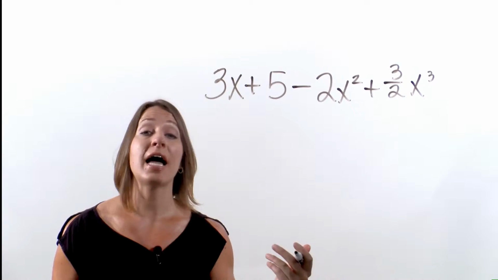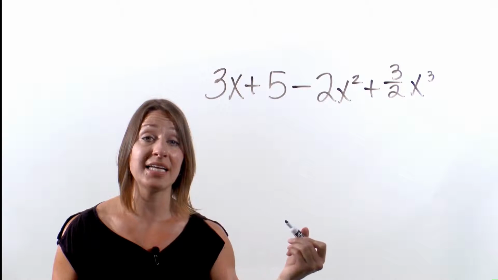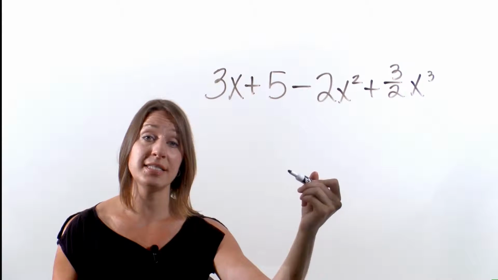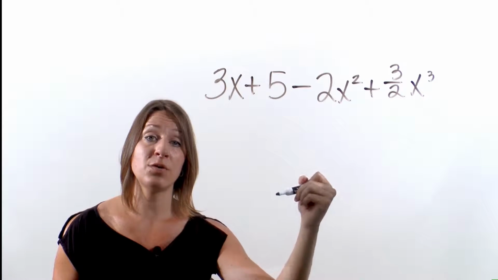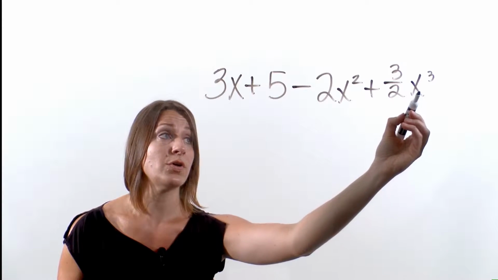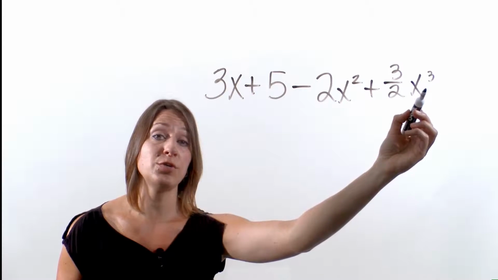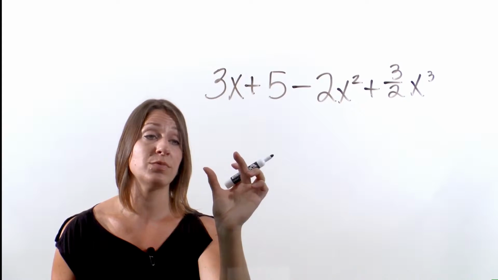How you put it in descending order is you put it in order according to the highest exponent. You start with the highest exponent, and that will be your first term, and then it will go down from there. In this polynomial, our x cubed is our highest term, so we're going to move that entire term to the front.